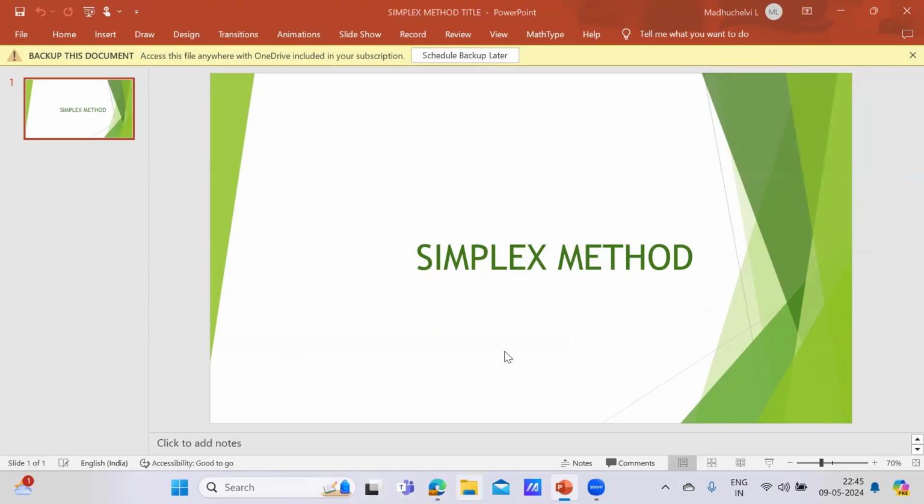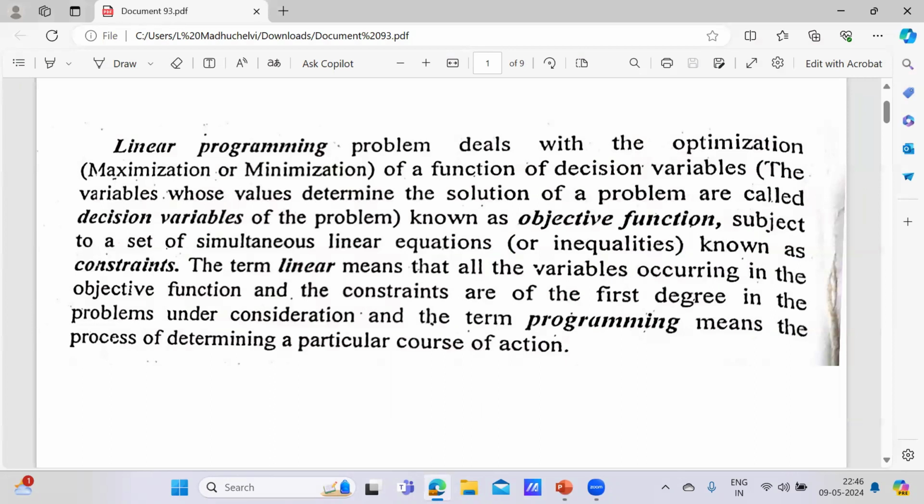In this session, we will talk about Simplex Method. First, let us say what is called a linear programming problem. The linear programming problem deals with the optimization of a function of decision variables known as objective function, subject to a set of simultaneous linear equations known as constraints.